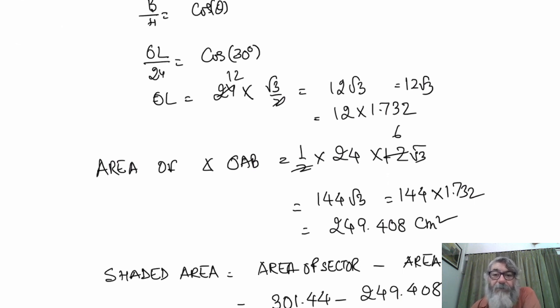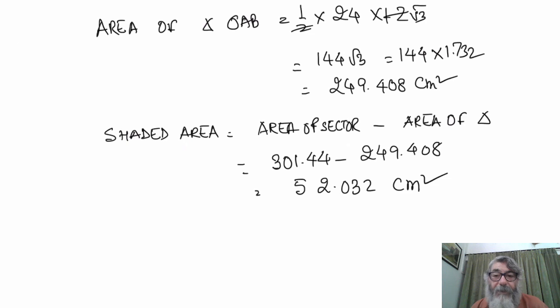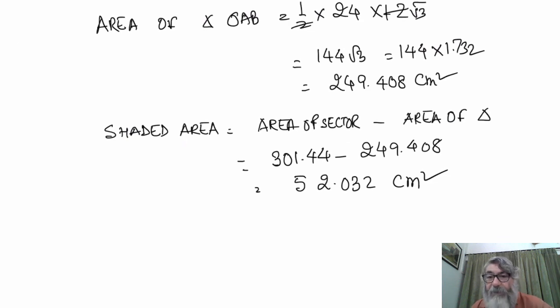The value of root 3 is 1.732, which you can get from a calculator or tables. 144 into 1.732 when multiplied will give you 249.408. From the area of the sector, if you subtract the area of the triangle, then I will get the shaded area.